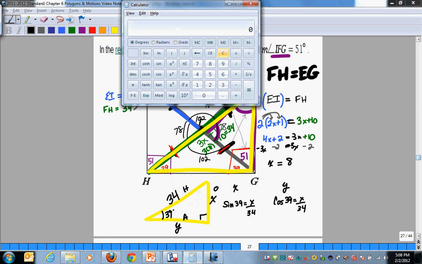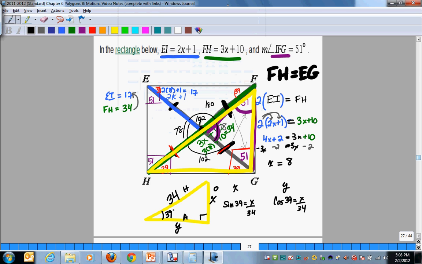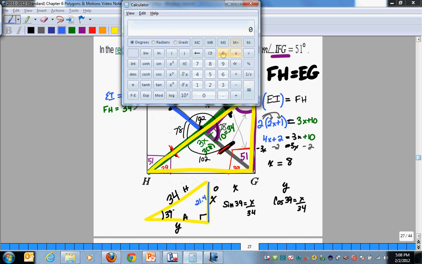So we're going to do, actually, 39 sine first times 34. That's going to give us 21.4. So our x is going to be 21.4. And our y length is going to be 39 cosine times 34.